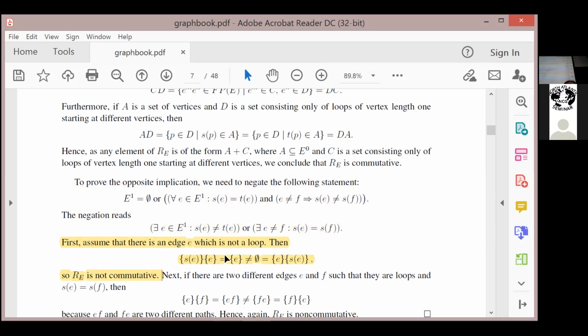And I multiply it by the set consisting of just one element, which is the edge itself. And obviously these 2 sets multiply to the set E, which is definitely non-empty. So it's not the same as E times SE, because remember, E is not a loop, so its end is not its beginning. So multiplying by SE from the right will give me the empty set. I cannot concatenate E and SE with SE being on the right. So RE is non-commutative.